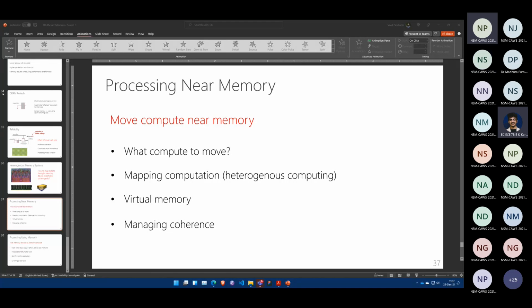So it is definitely a complex system. Okay, sir. So that timing difference is also taken care of by the memory controller. Yeah, everything is taken care of by the memory controller. Okay, sir. Thank you, sir.